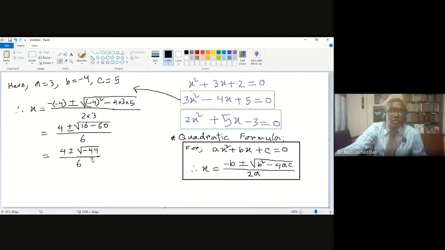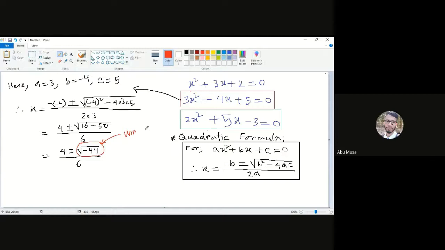I told you, root over a negative number. You already know that. Root over a negative number is unreal. It is not real. It is imaginary. Do you understand me now?